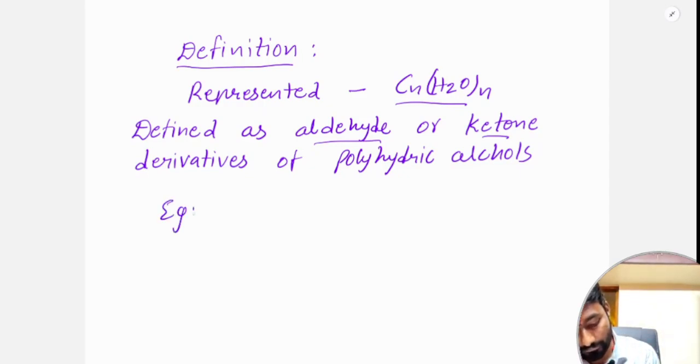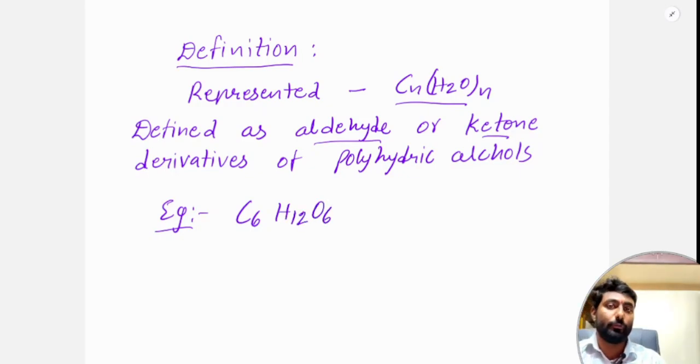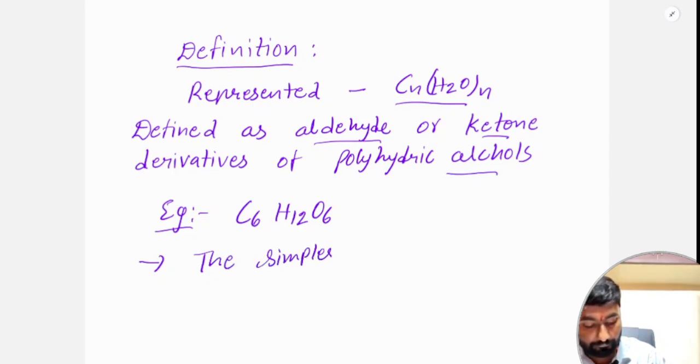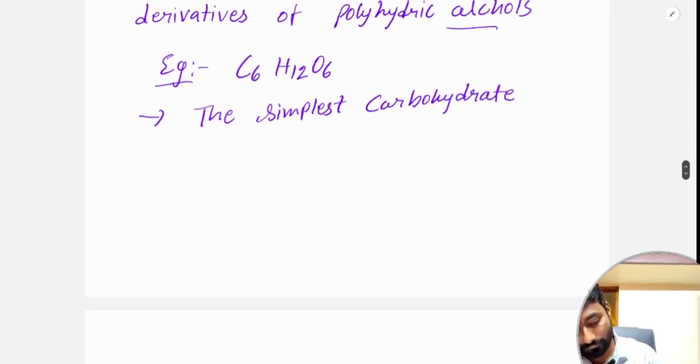If you take the example C6H12O6, your glucose, fructose. And for a carbohydrate, it should have a minimum of 3 carbons. So the simplest carbohydrate should have a minimum of how many carbons, students? 3 carbons.